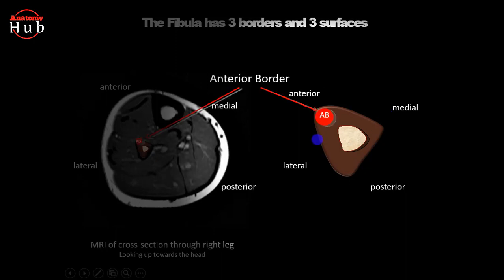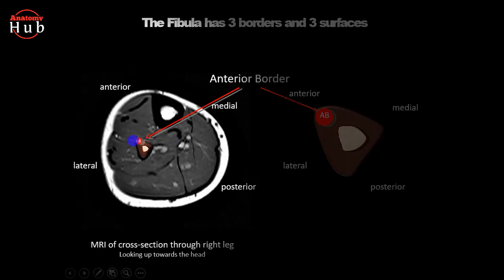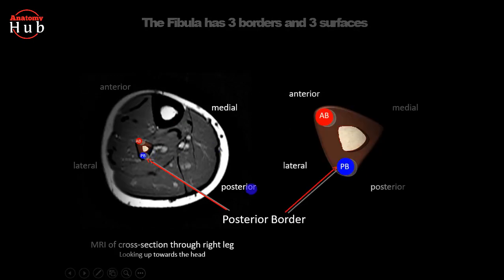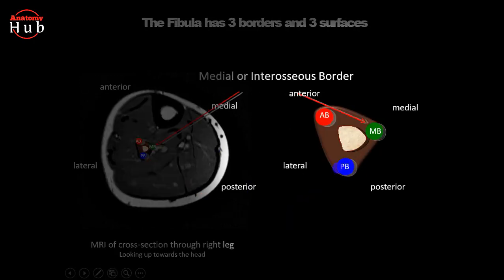Now here we will find the borders. This border is your anterior border. You can compare this with the MRI scan over here. Then you will find here is your posterior border, and here you will find the medial border.